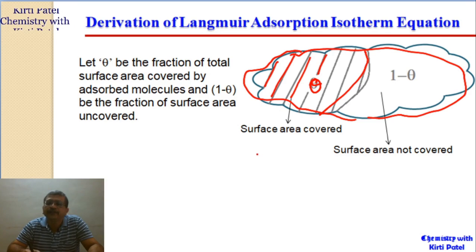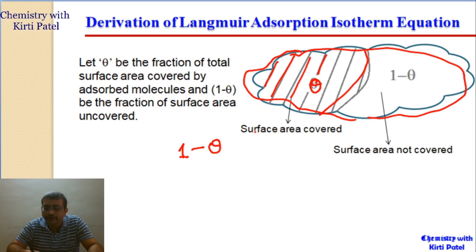That is, if we consider the total surface as equal to 1, then theta will be the surface which is already covered. So 1 minus theta is the surface which is still empty and available for adsorption to happen. So theta gives us the fraction of total surface area which is covered, while 1 minus theta is the fraction of surface area which is uncovered and available for adsorption.